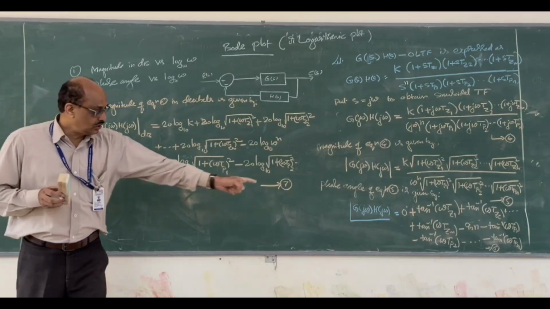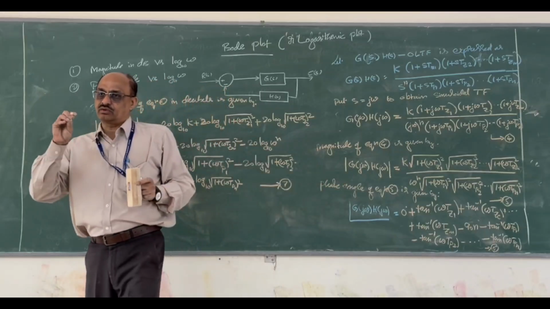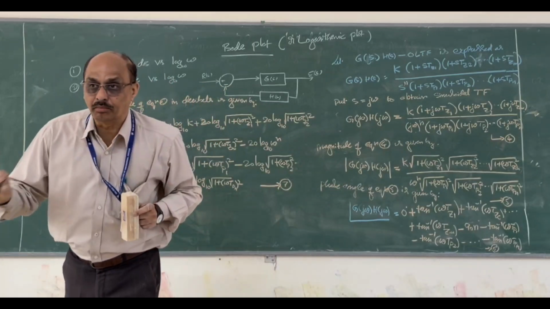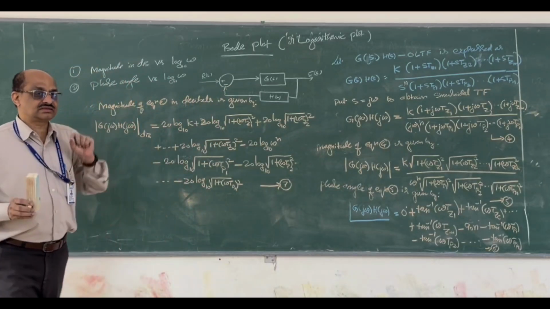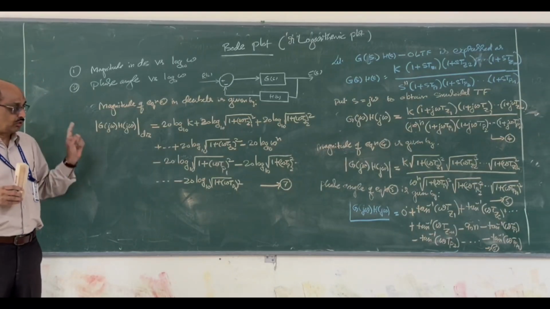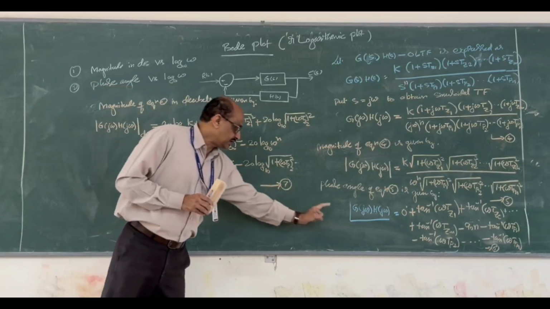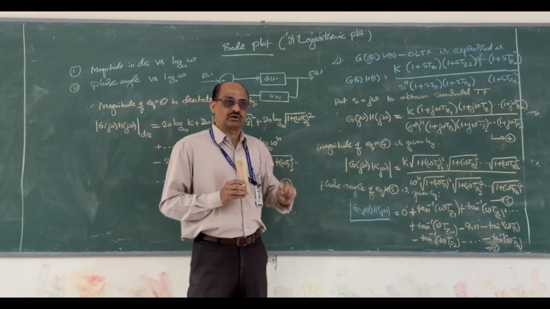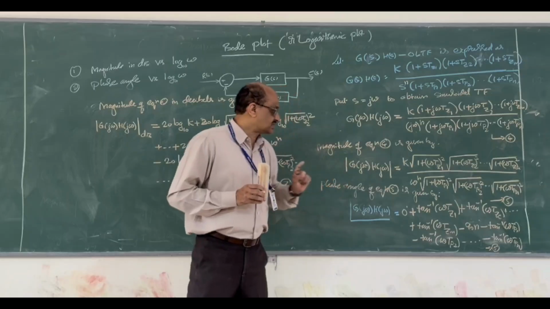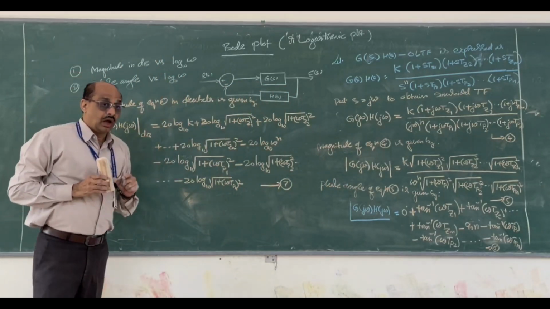Using equation 6, we can plot phase angle versus log omega. This sketch of magnitude in decibel versus log omega using equation 7, and the phase angle versus log omega using equation 6, is known as the Bode plot.